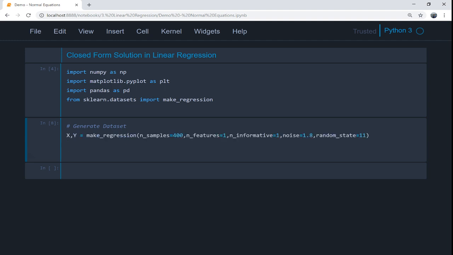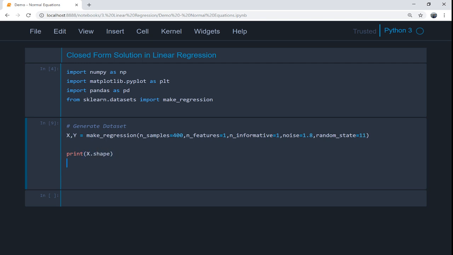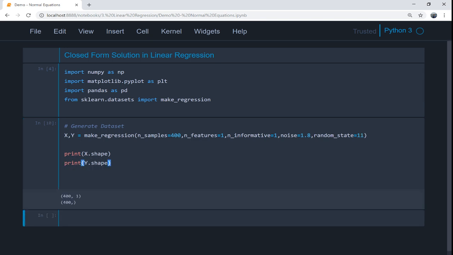I'm using this make_regression function available in sklearn to generate this dataset, and everything else we are going to write from scratch. We have 400 examples. Let's see what is the shape of x, and what is the shape of y. x has a shape of m cross n, which is fine, but y is a vector.